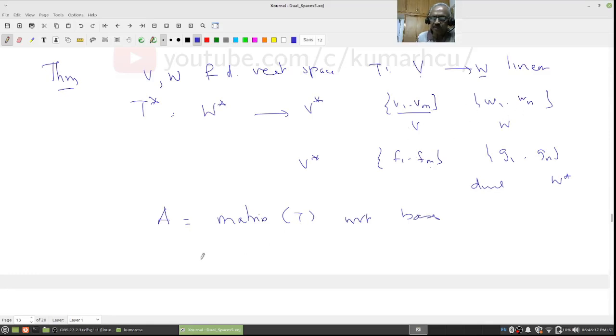Now let A be the matrix of T with respect to the bases of V and W, and B the matrix of T star with respect to the dual bases. Let us assume the dimensions are m and n, therefore A will be a matrix of size n cross m. B will be a matrix of size m cross n, because T star is from a space of dimension n to one of dimension m.